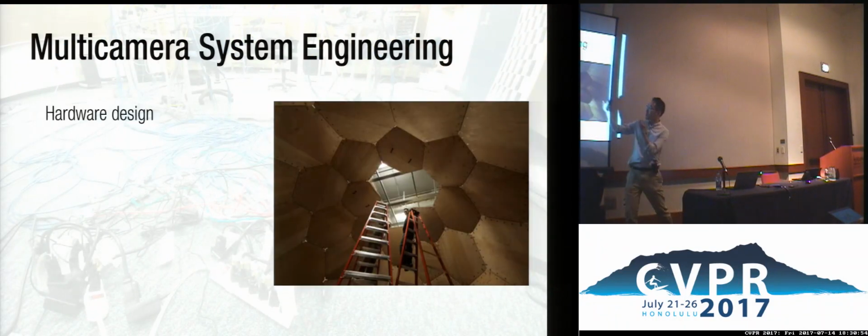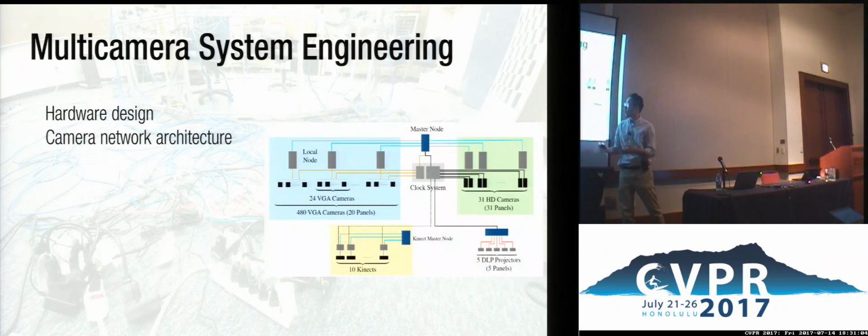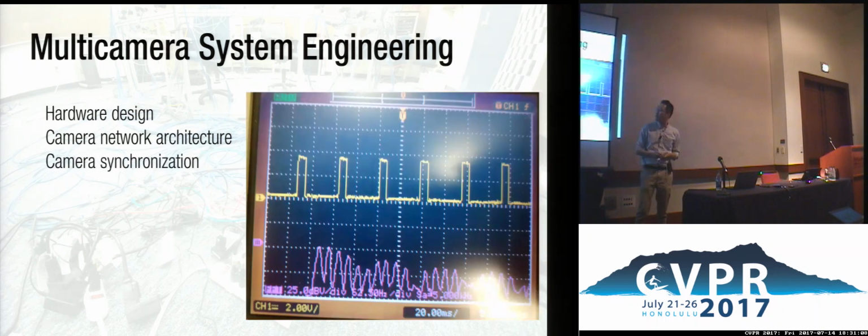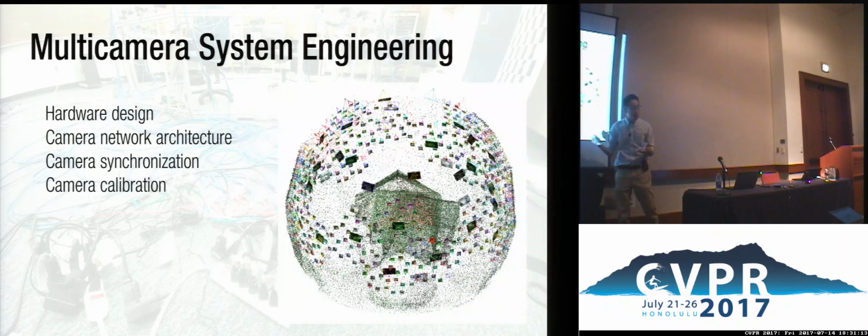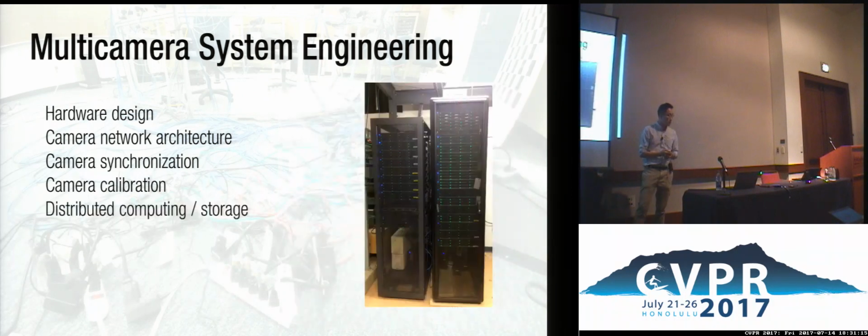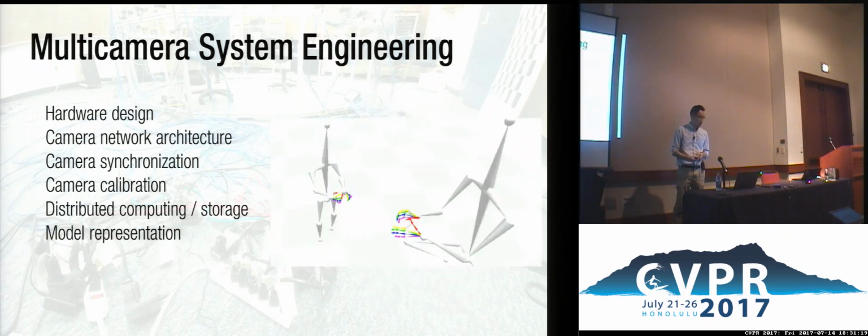That includes the hardware design to organize the cameras to efficiently and effectively capture the target motion, the network architecture that can bridge the multimodal sensors, precise camera synchronization, large-scale camera calibration, distributed computing and the data management plane, and the model representation to reconstruct points in three-dimensional space.